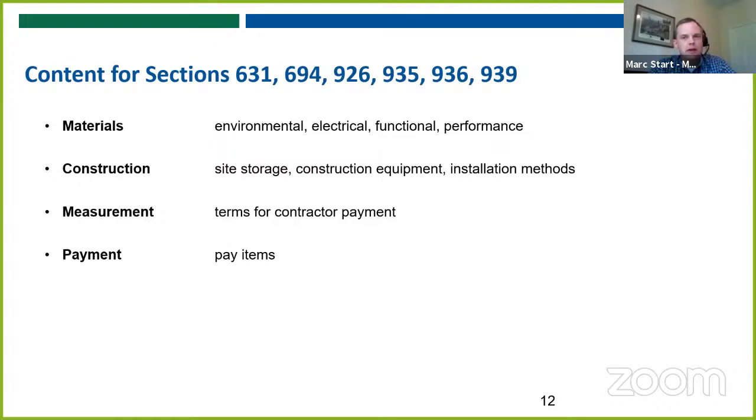So this is a very quick run through of how the specs are structured. And this is not unique to ITS. This is how all GDOT specs are structured. The difference here being that section 942 includes things that are fully necessary for any ITS device that you're installing.